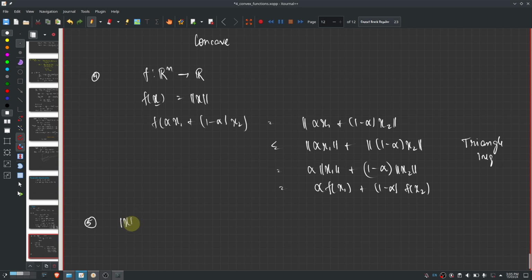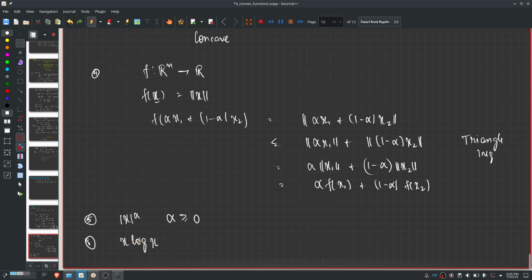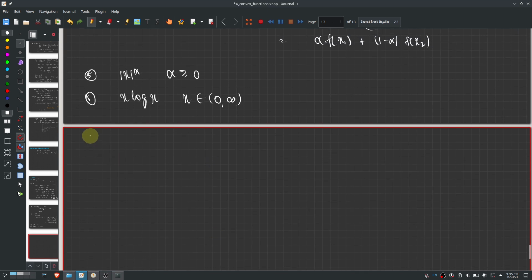So you look at mod x to the power alpha for alpha, let's say greater than or equal to 0, x log x for x defined over 0 to infinity, and suppose I have a vector, so f from Rn to R, f of x equal to max over i in 1, 2, 3 up to n of xi.